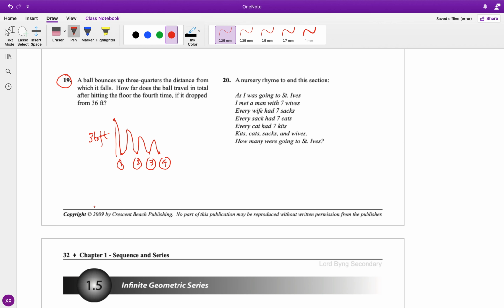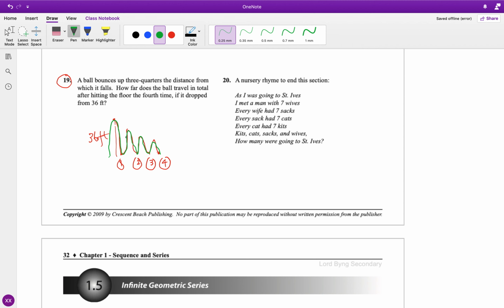Okay, so how can we do this? What will be the easier way to think of this? I can rewrite this diagram like this. I add on this side, so this is 1, this is 2, this is 3, this is 4.